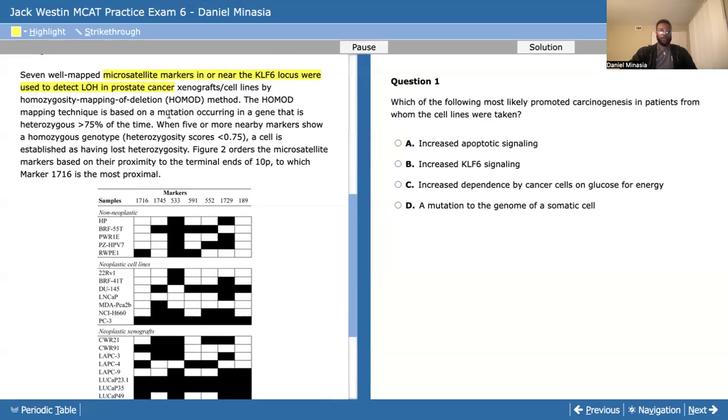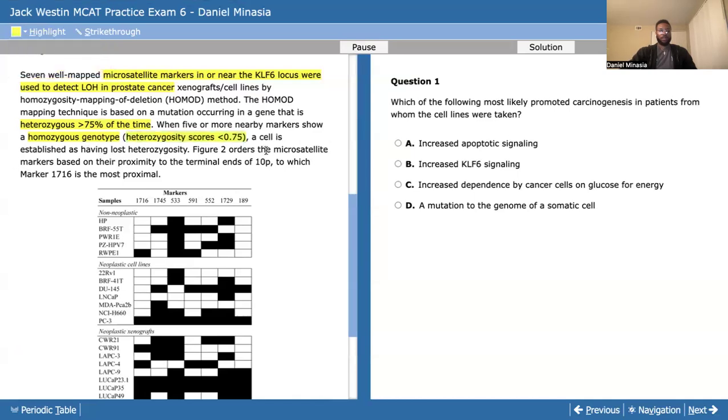Just note it, okay? The HOMO-D mapping technique is based on a mutation occurring in a gene that is heterozygous more than 75% of the time, okay? When 5 or more nearby markers show a homozygous genotype, so heterozygosity less than 0.75, a cell is established as having lost heterozygosity. Okay, so there's a score, right?